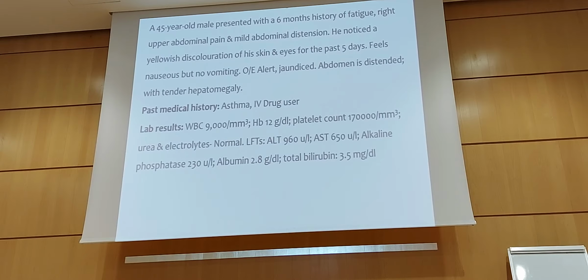Lab results: WBC normal, hemoglobin almost normal, platelet count on the lower side, urea and electrolytes normal, liver enzymes all increased, albumin low or high or normal.